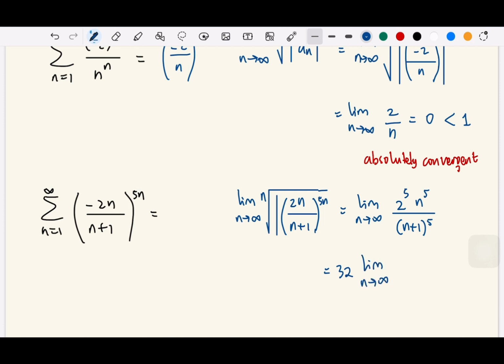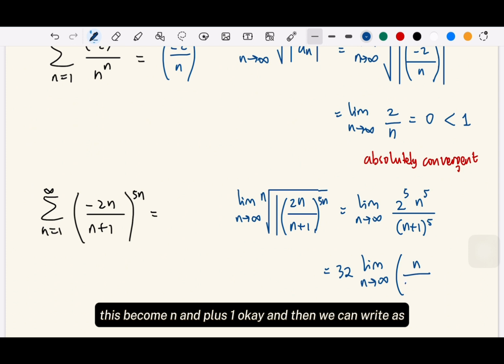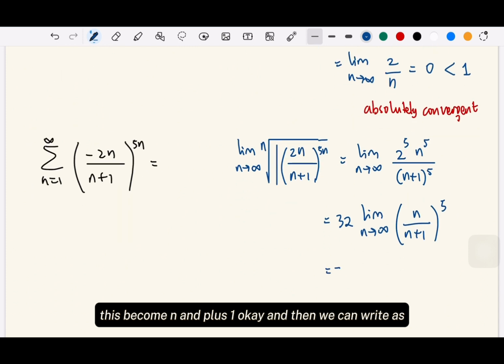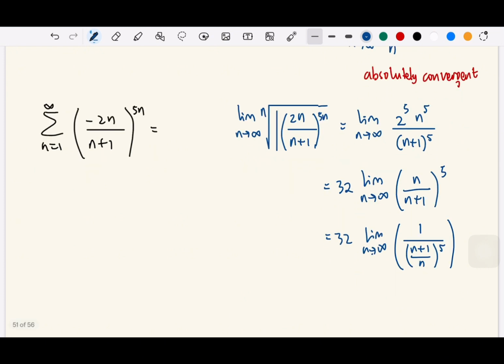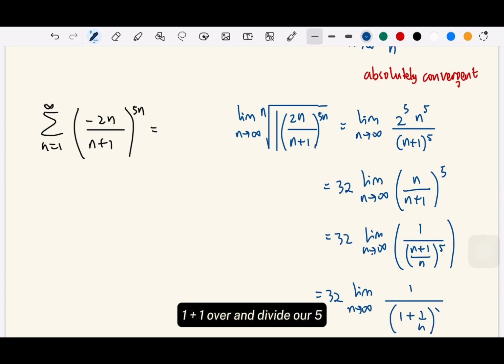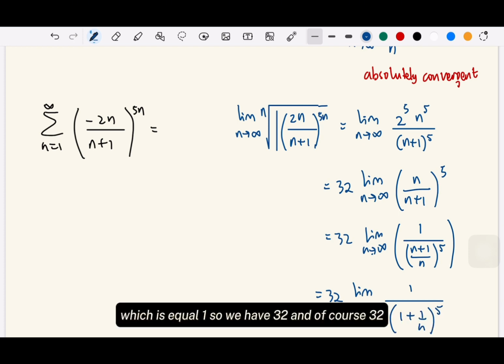Limit. This becomes n over (n+1), and we can write it as 1 over ((n+1) over n) to the power 5, and we can still write this as 1 over (1 plus 1 over n) with power of 5, which is equal to 1.